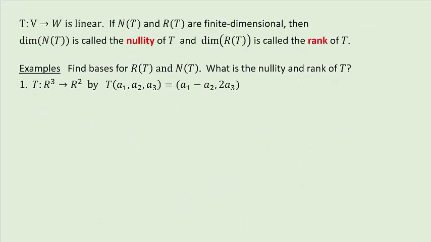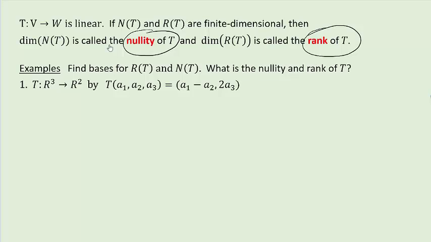Oh, one more thing before we start some problems is two new words. If the null space and the range are finite dimensional, which all of ours will be, then the dimension of the null space is called the nullity of T, and the dimension of the range is called the rank of T. So keep those definitions in mind.